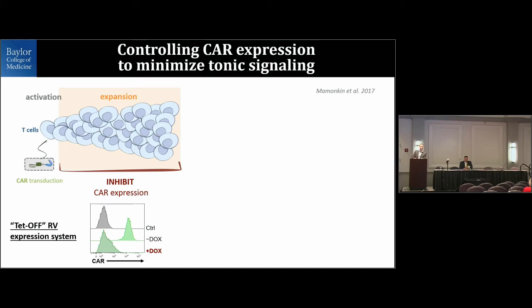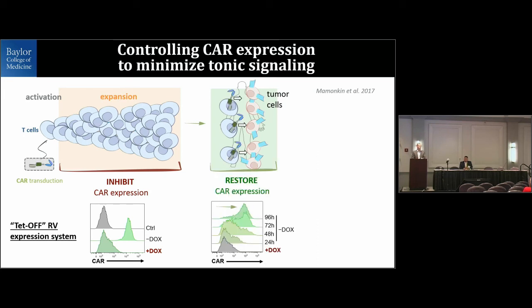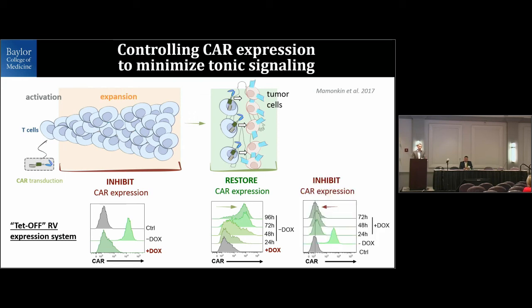In the presence of a small molecule, DOX, the CAR is not expressed. Once we inject these cells into the patient, the T cells upregulate the CAR in the absence of DOX for the first time within 3 to 4 days, as shown here, and actually go after the tumor and receive antigen-induced stimulation instead of tonic signaling through the CAR. And if needed, we can always inhibit it back by administering DOX to the patients.